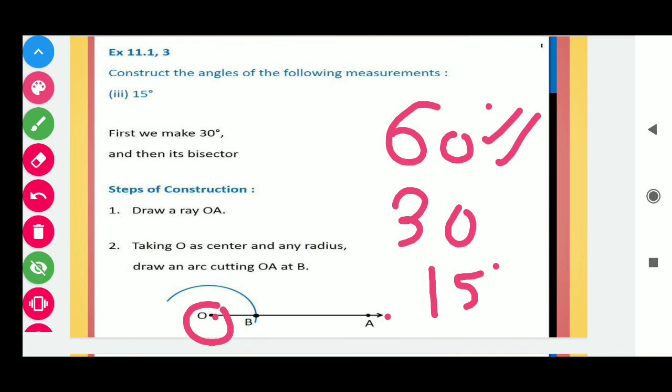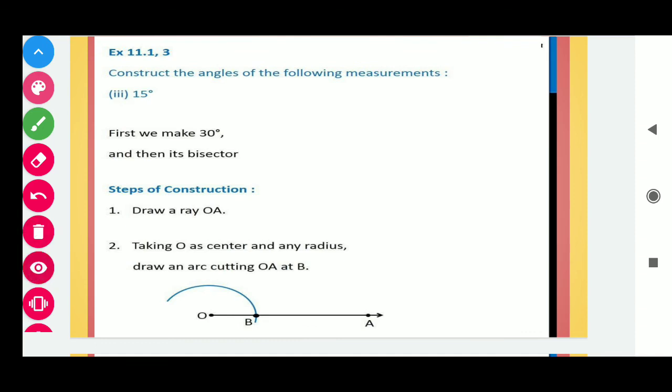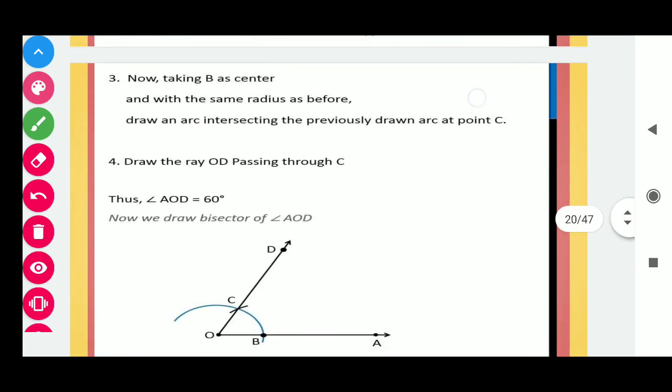Taking O as a center and any radius, draw an arc cutting OA at B. After that, taking B as a center, by putting your pinpoint at B, mark an arc on the semicircle. So in this way, this cuts at the 60-degree.